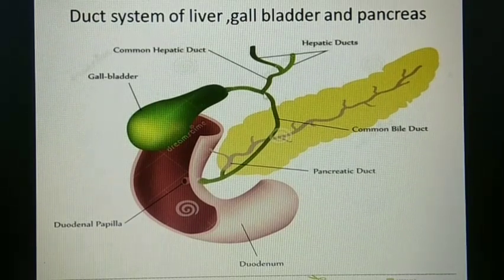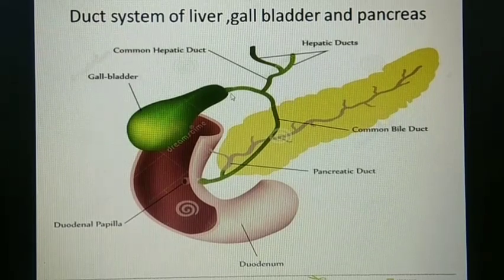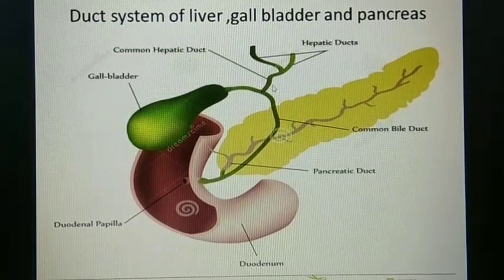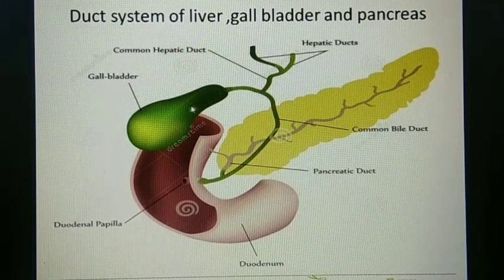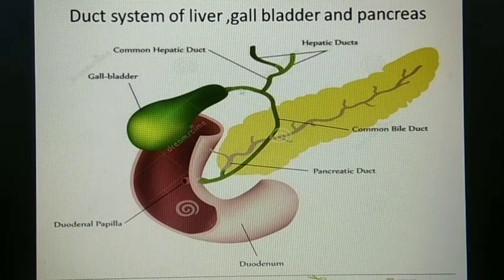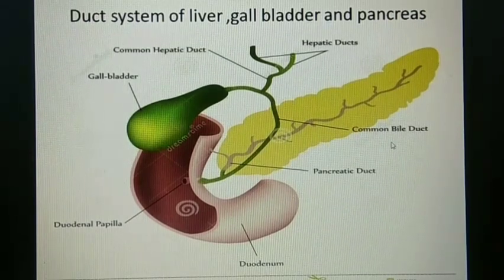And this duct, this one coming from the gallbladder and joining with this, is called the cystic duct. So through the cystic duct, this bile will be stored in this, and the cystic duct and the hepatic duct together join to form this duct called common bile duct.